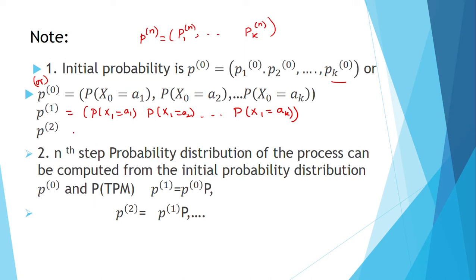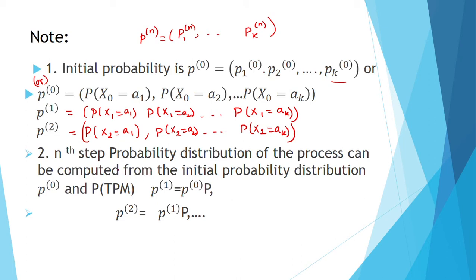Then same way we can write P of 2, the second step probability distribution: P of X2 equal to A1, P of X2 equal to A2, etc.